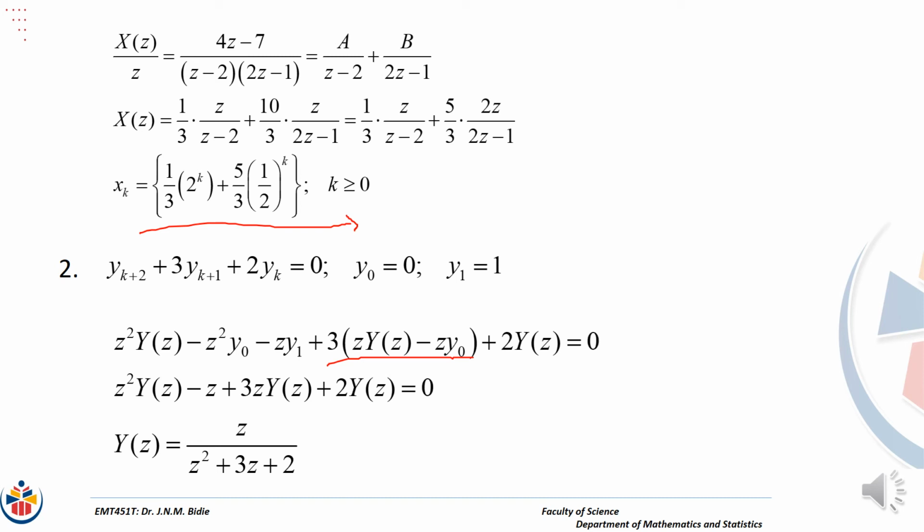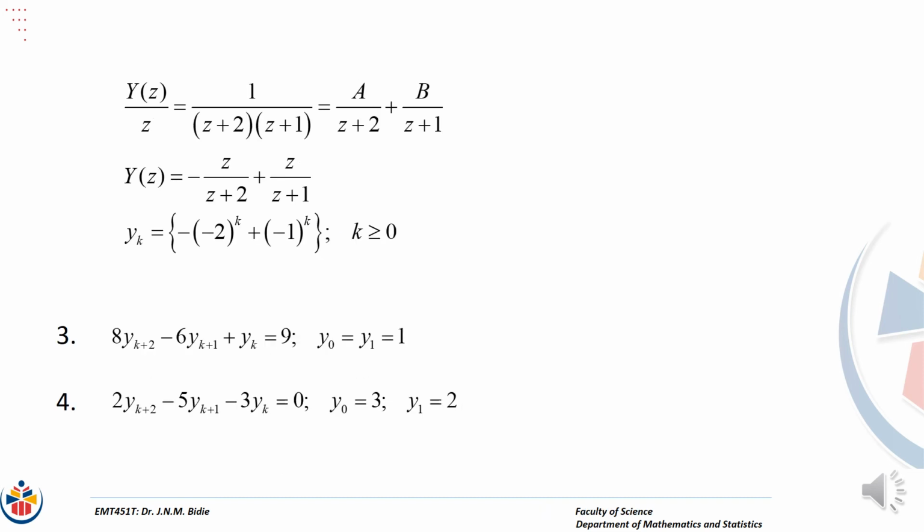Factorizing that denominator after making y of z the subject, and then take z from the numerator to the left-hand side so that we're left with 1 over z plus 2 into z plus 1, and take partial fractions. That's exactly what we did. And then we got A to be negative 1 and B to be 1, and then multiplied out by the z, and then took the inverse Z transform to yield that solution.